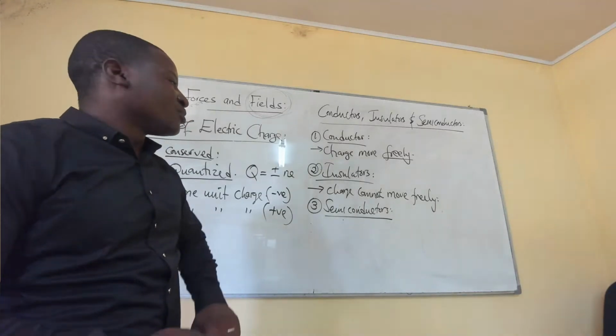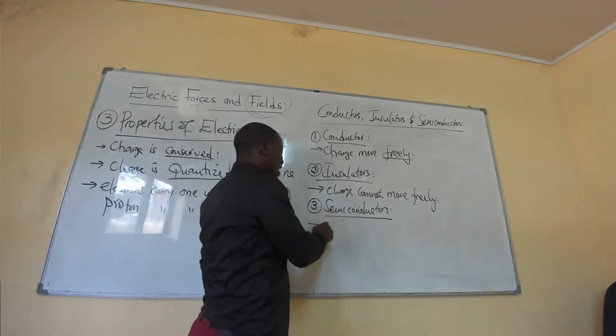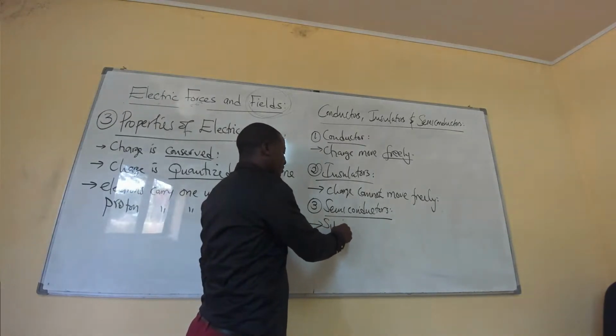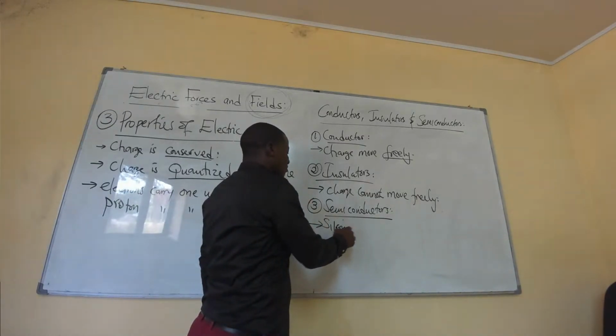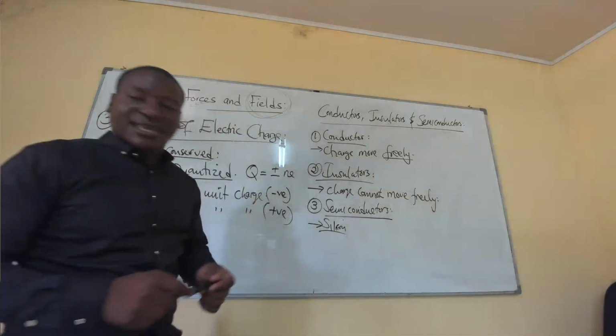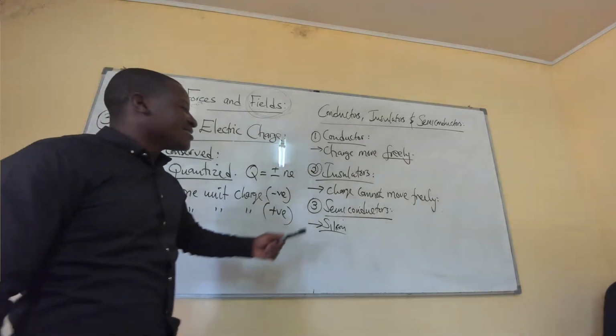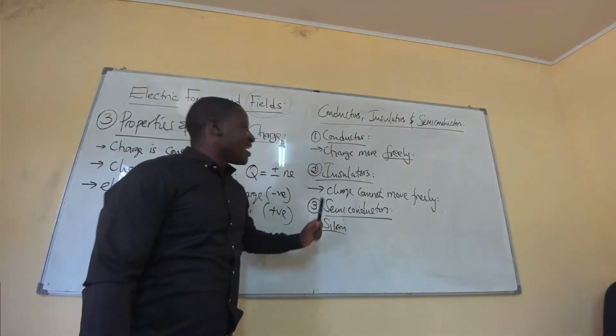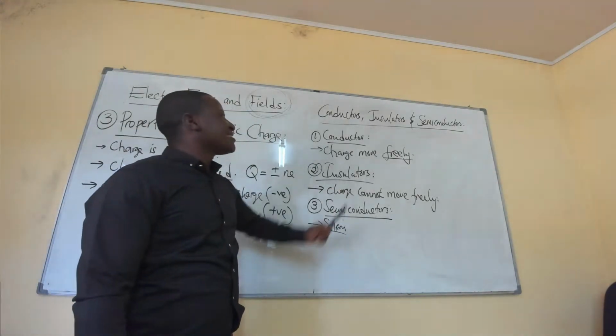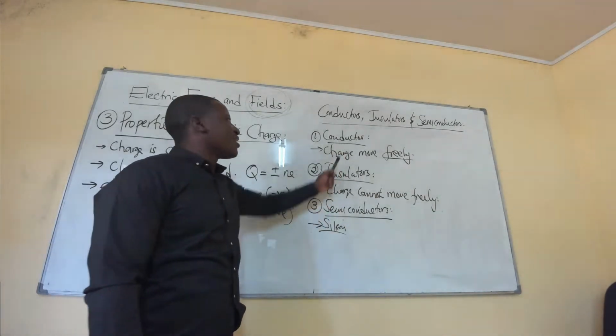So for example, here you have what is called silicon. Silicon is one of the mostly used semiconductors. In other words, these semiconductors are not insulators and they are not conductors. They are somewhere in between here.